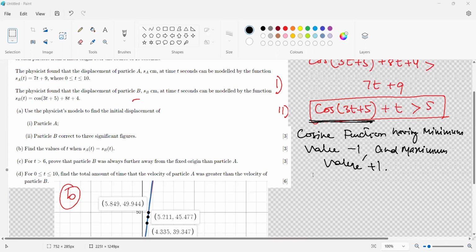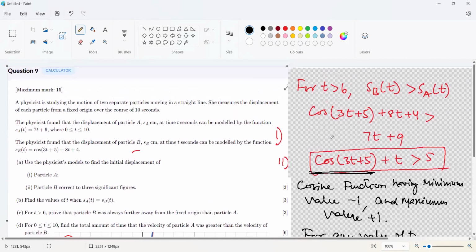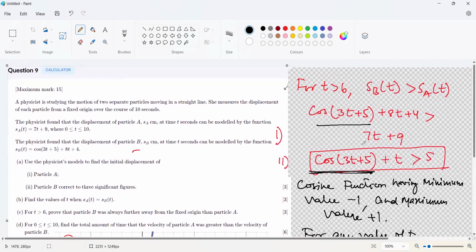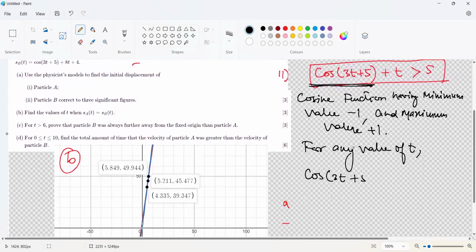It means for any value of t, cos 3t plus 5 would be always greater than or equal to -1.